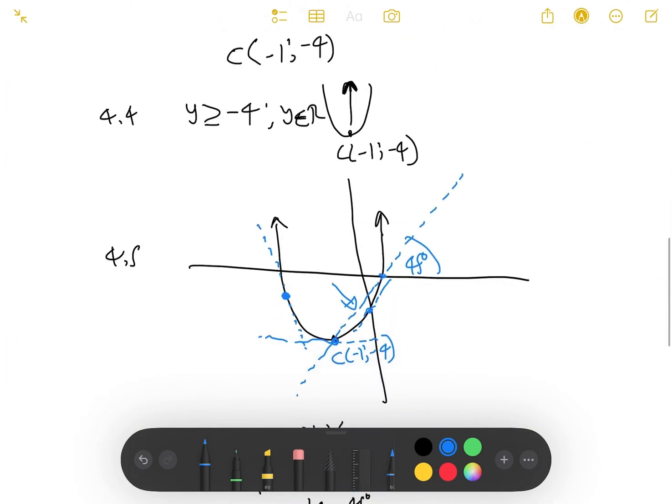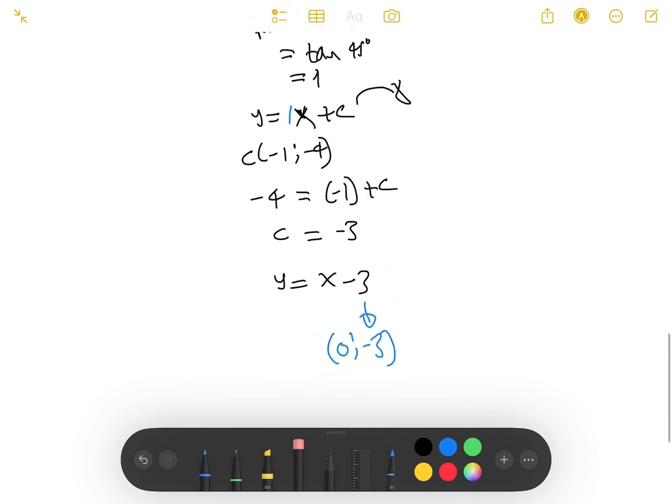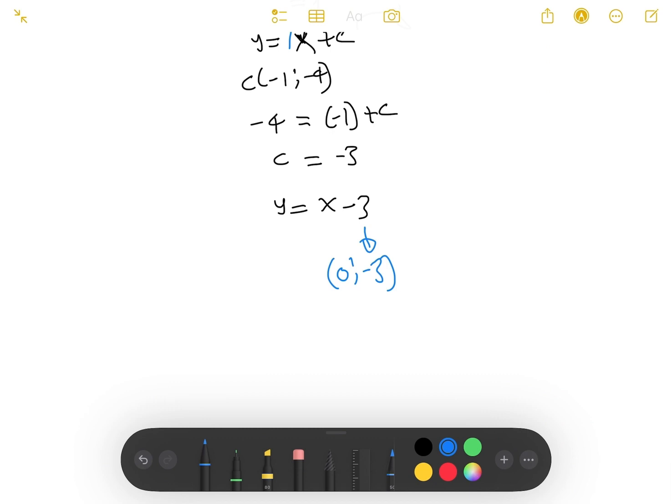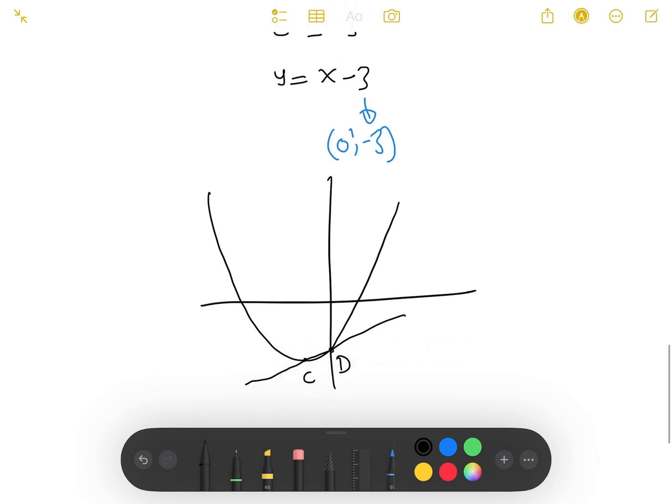So in essence, what we have here is something like this: C and then D. This line, yes, it's 45 degrees, but I'm just illustrating now, not to proportion.